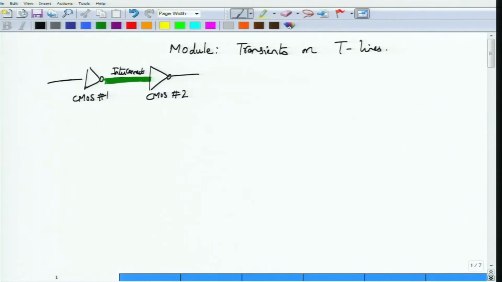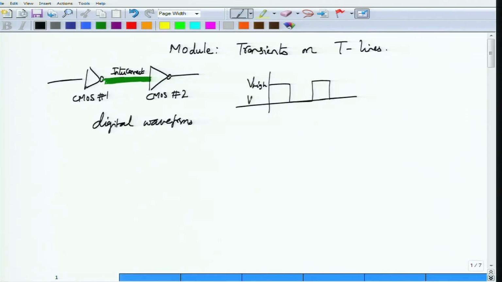But the point I want to highlight is that the signals going through this particular circuit are not sinusoidal ones. They are in fact what are called digital signals or digital waveforms. How would these digital waveforms look? Well, these digital waveforms are what we call switching waveforms. Sometimes in the older literature they would be going from V high to V low, right.